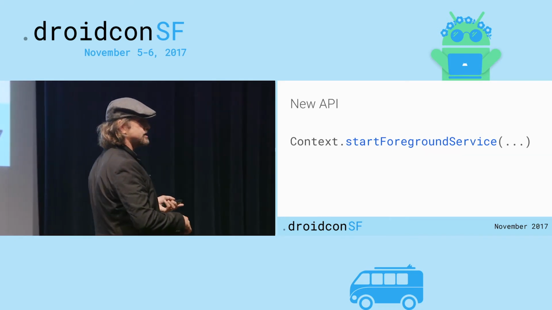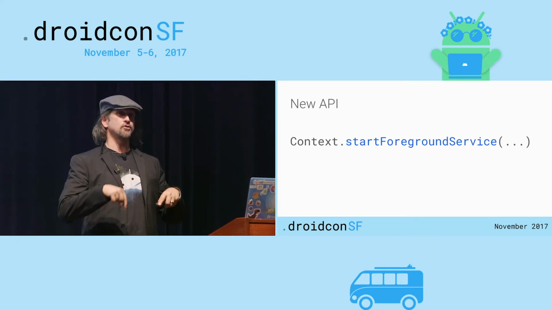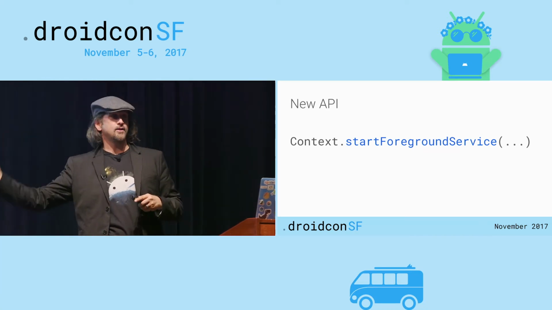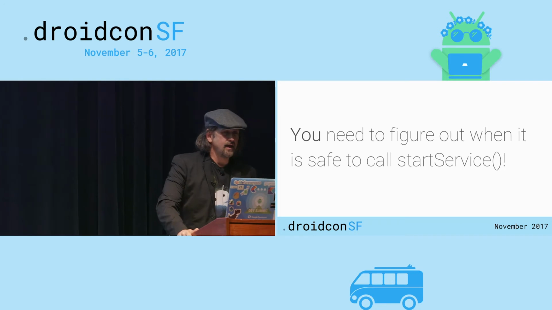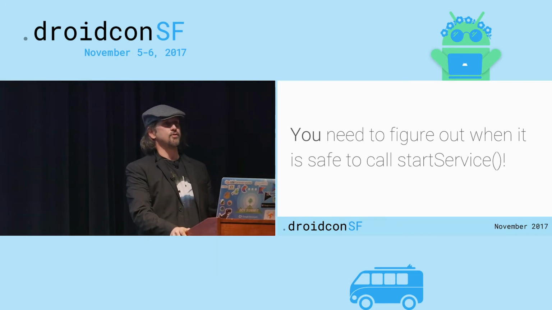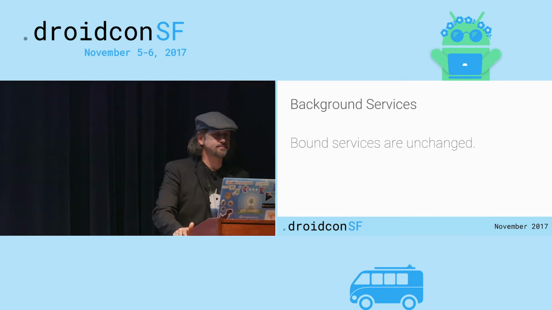The only thing that can actually promote a service to the foreground is the service itself. This just tells the operating system, I'm planning to do that, and so you can launch it. And there is no API to figure out when it is safe to call start service, so you have to do this through the design of your app.